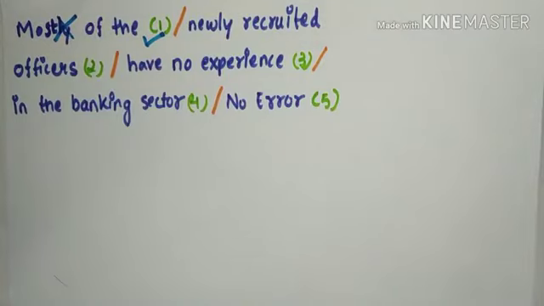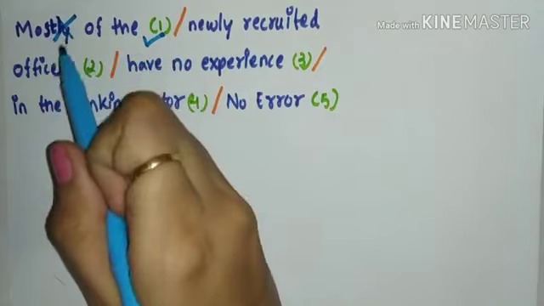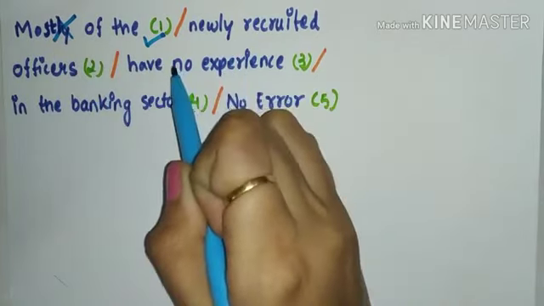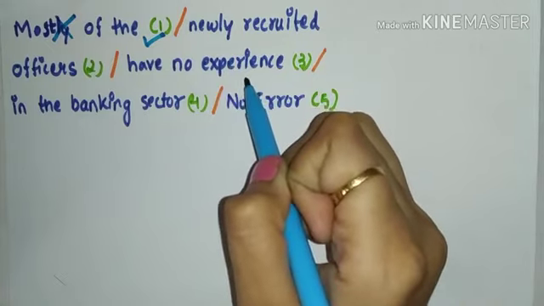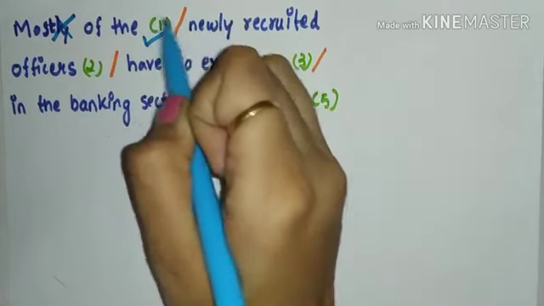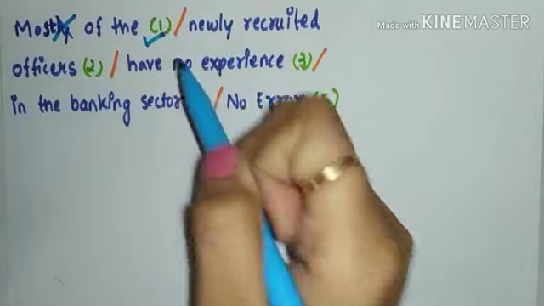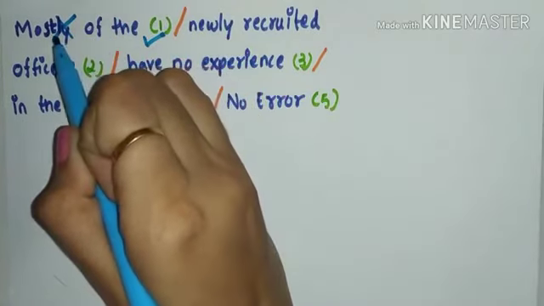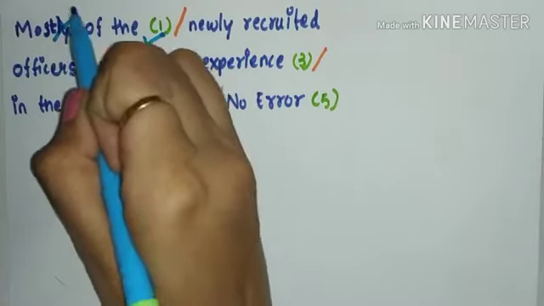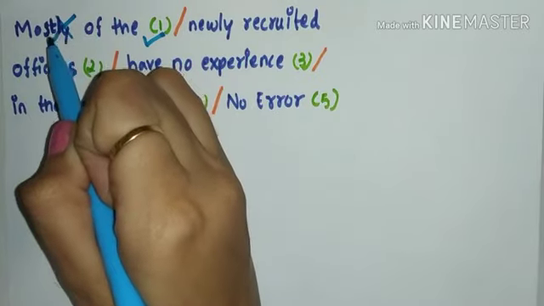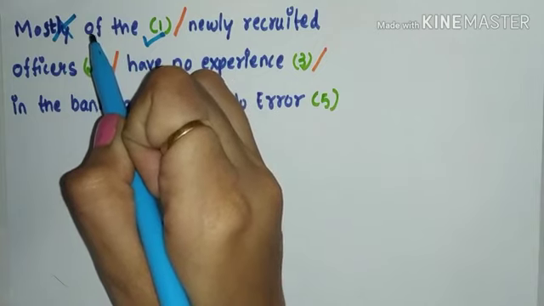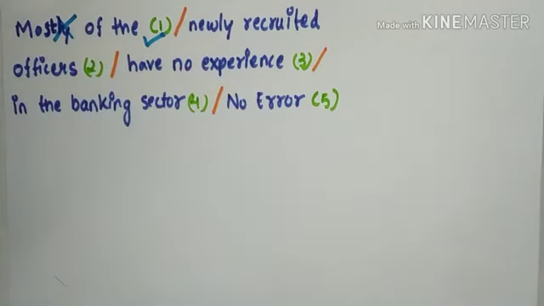One more thing I want to say to you guys is you don't have to exactly spot the error, like whether the error is with the word mostly, or newly, or experience. In case there is one such error, all you have to do is spot the incorrect part. So we actually solved this in less than 30 seconds, and if we don't even have to find the specific error and the correct form, then the question can be solved even in 15 seconds.